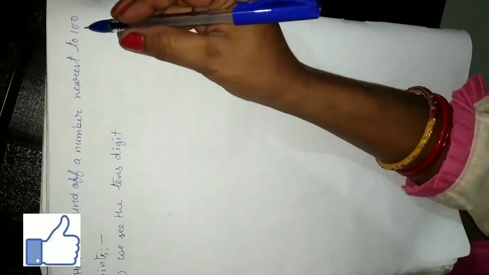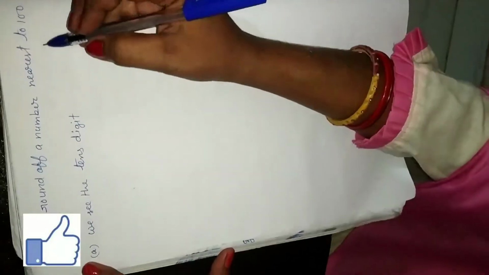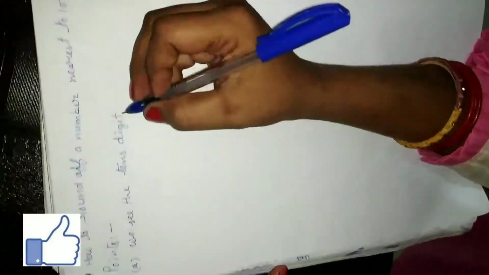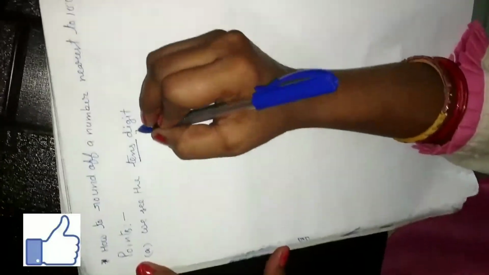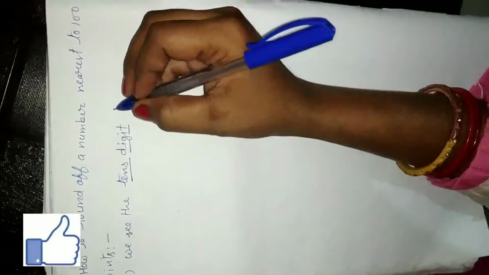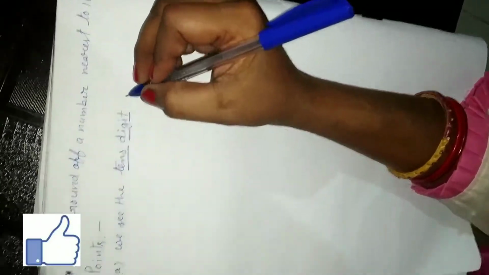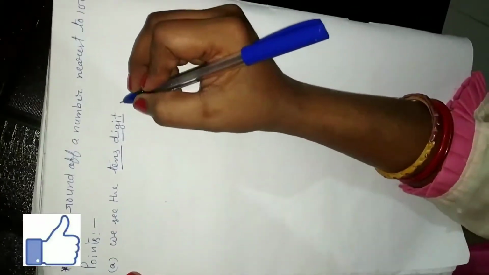In nearest to 10 we see the unit digit, but in nearest to 100 we see the tens digit of the given number.